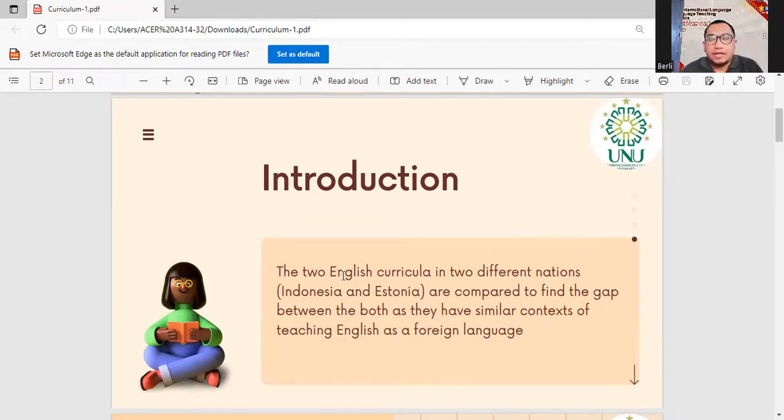perspective. Like in Estonia, they have two main languages, Russian and Estonian. While in Indonesia, we have a lot of local languages that we cannot count, but that's the main reason why I would like to look at the context, to know more about why they could have different results in terms of language outcome, meanwhile they have this similar context.